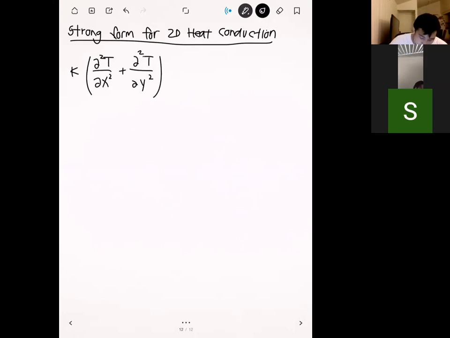And to this, we're going to add our thermal generation term, S of X and Y, and all this is going to be equal to 0. Just to remind you, K right here is thermal conductivity, and S of X, Y right here is thermal generation.